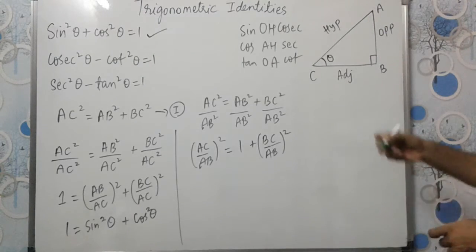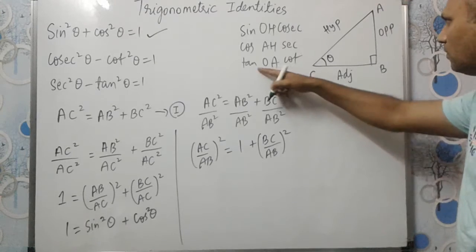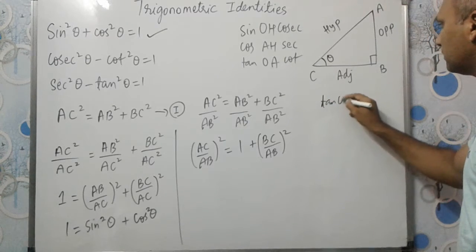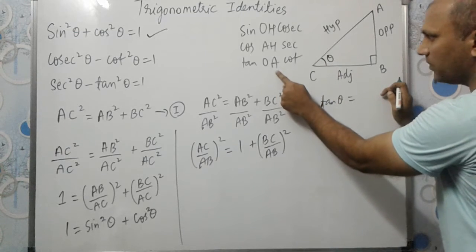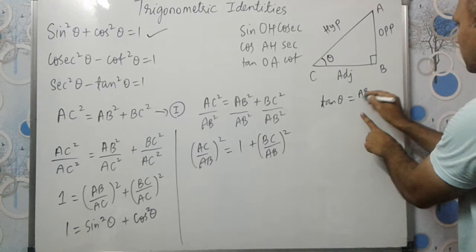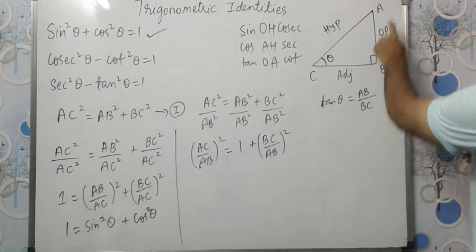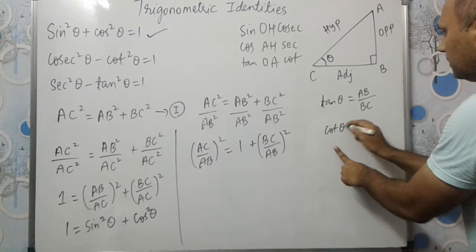Sin and cos we have already done. Now what about tan here? From this triangle let us write the tan value. Tan is opposite divided by adjacent, so this is AB divided by BC. What will be cot?